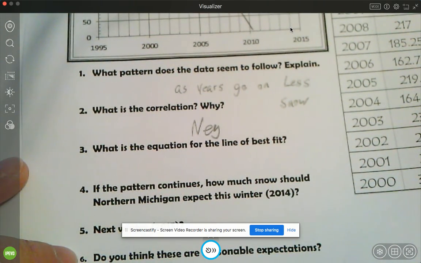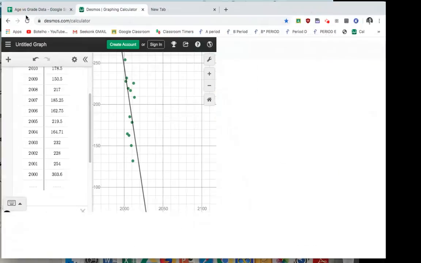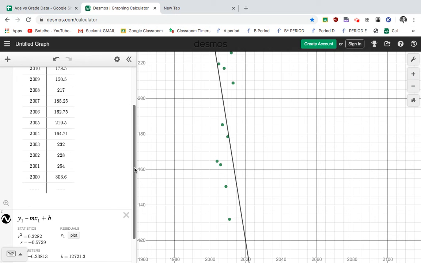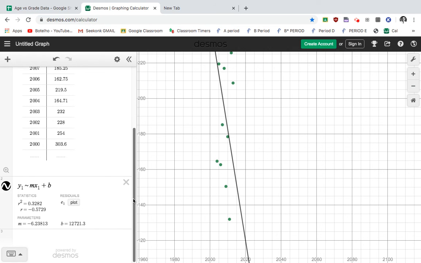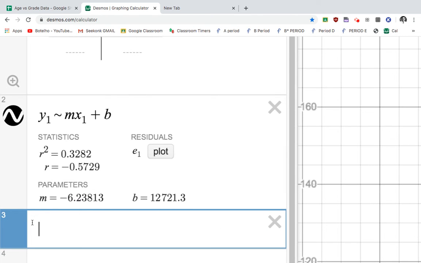What is the equation for line of best fit? Okay, so now I'm just going to use this equation here. I'm going to type, like I did yesterday, I think it's easier to type it right from here because the numbers are right there and it can go right in your graph. So y equals my equation, my slope, m. Remember, y is the amount of snowfall.